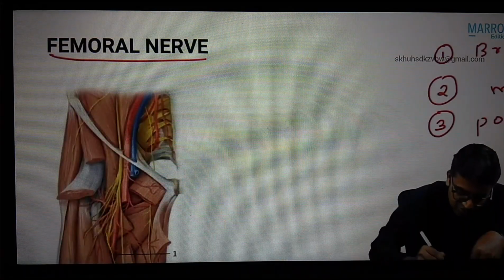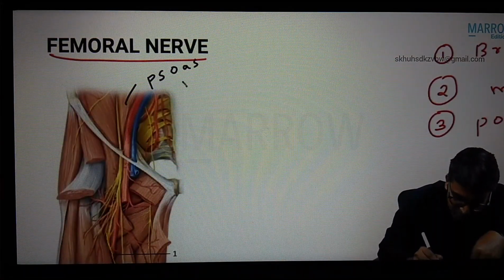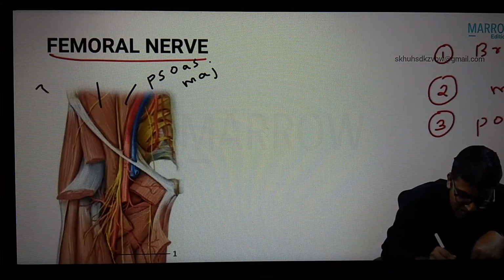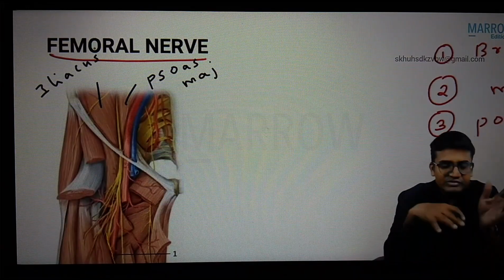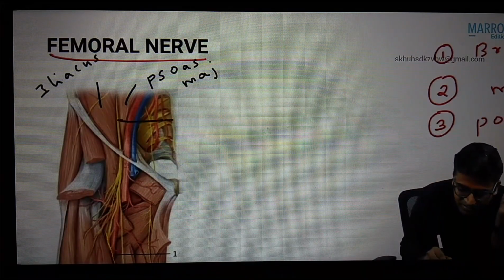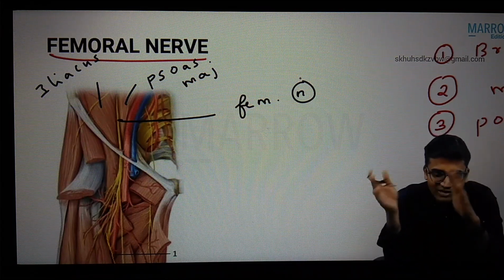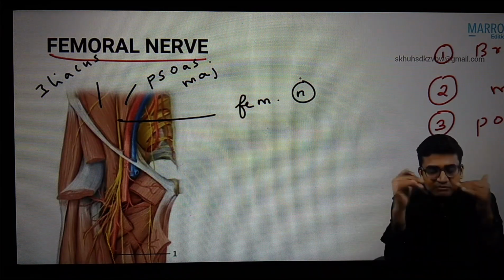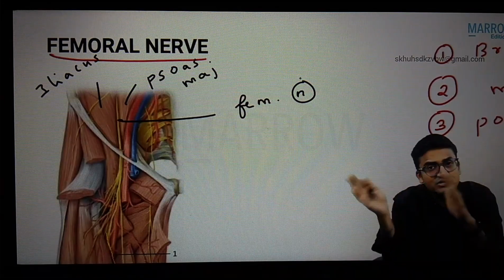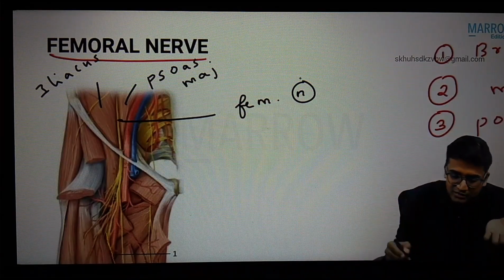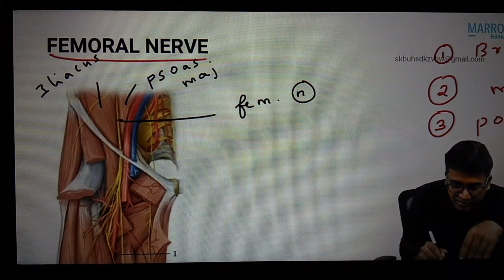After its formation, the femoral nerve descends between two muscles. What muscles? This is the psoas major muscle and this is the iliacus muscle. Between these two muscles, the femoral nerve is coming. This is the femoral nerve. It passes below the inguinal ligament.